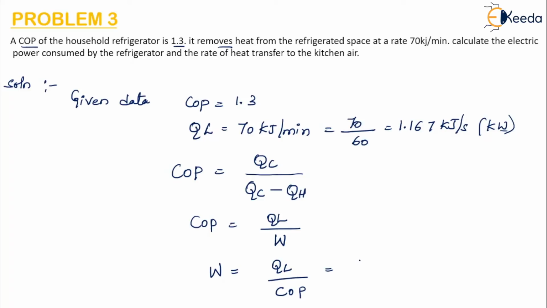We already know QL, that is 1.167 kilowatt, divided by the COP, that is 1.3. So the value of W, that is the power consumed by the refrigerator, we get as 0.898 kilowatt. So this is the value of W.